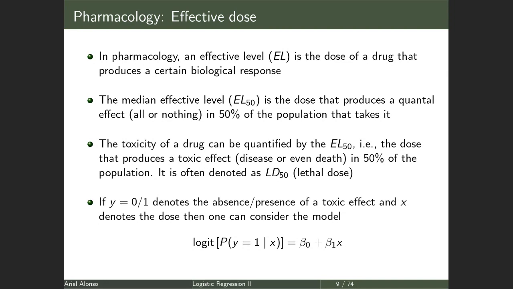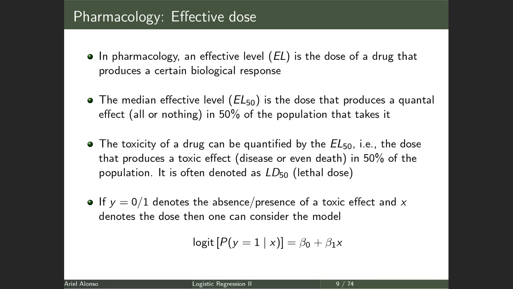Now, in pharmacology, they talk about the effective level of a drug, the EL. And if you want, it is the dose of a drug that produces a certain biological response, right? If I'm going to use a drug, dose is everything. I can give you a poison. If it's diluted enough, it will not do anything to you, right?